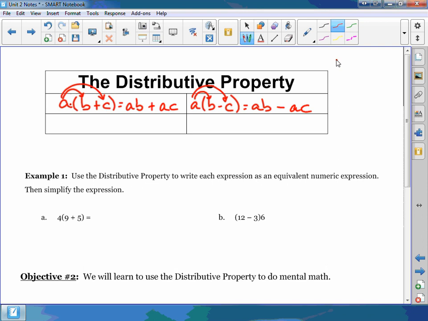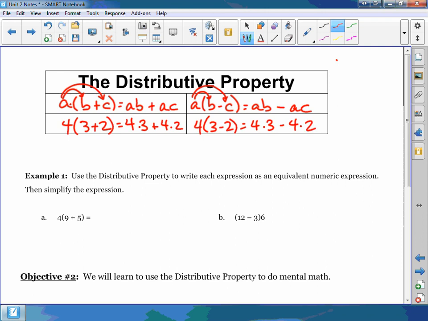Now, the other row here would just be for numerical, or for numbers. So, for instance, like 4 times the quantity 3 plus 2 would be the same as saying 4 times 3 plus 4 times 2. Or 4 times the quantity 3 minus 2 would be the same as 4 times 3 minus 4 times 2.